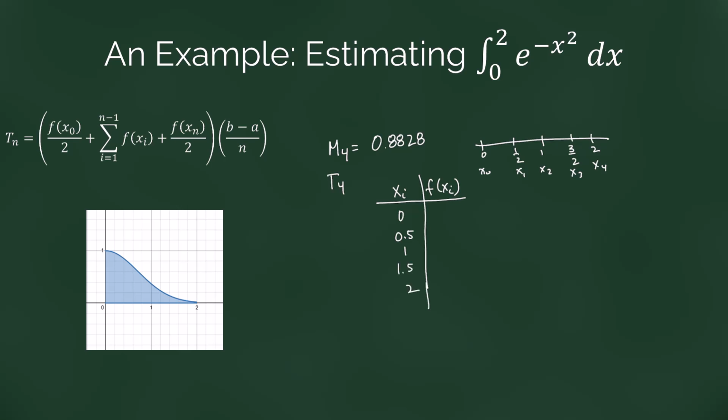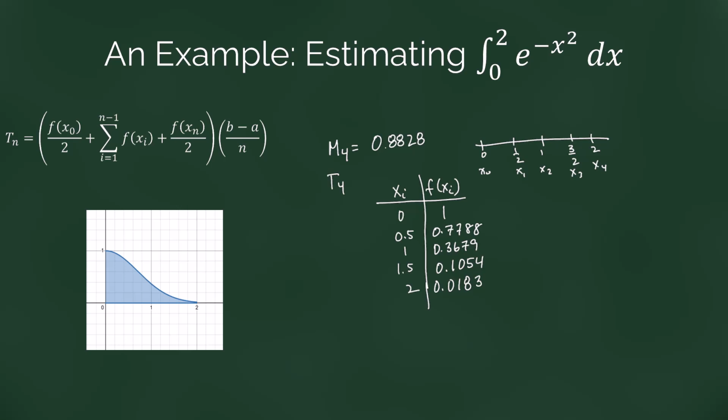We're going to plug those into our function, and we're going to be able to see that f of 0 is 1, f of 1/2 is 0.7788, f of 1 is 0.3679, f of 1.5 is 0.1054, and f of 2 is going to be 0.0183.